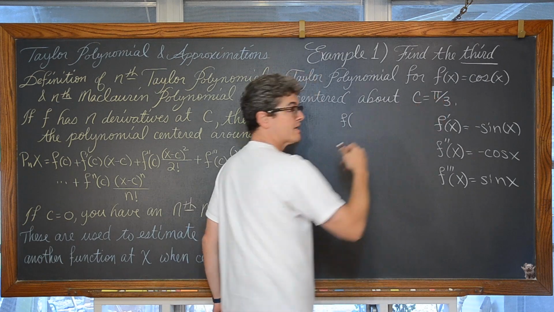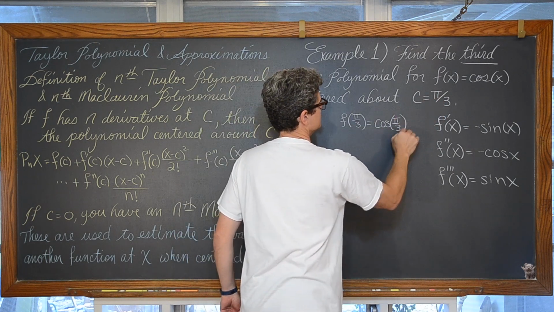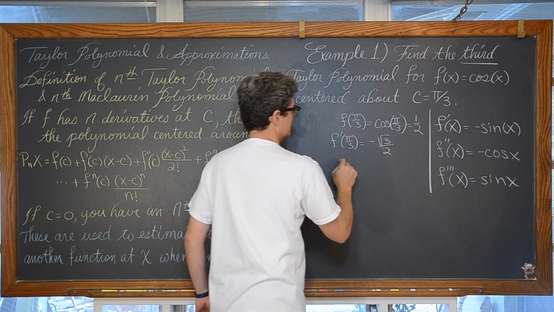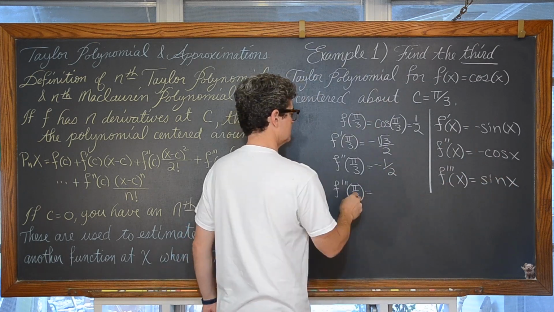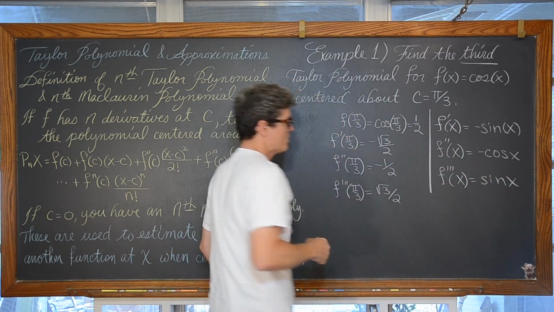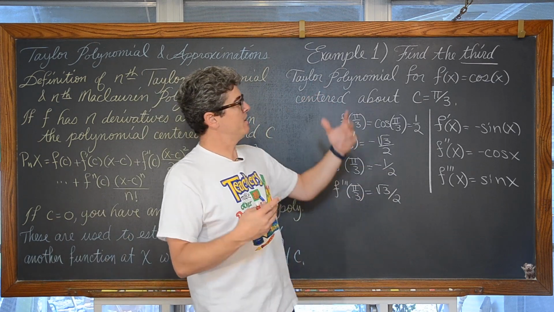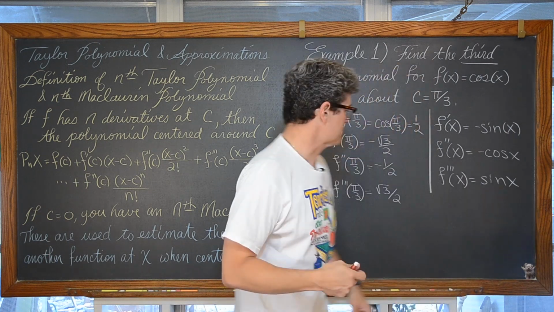And again, we're using that center value of pi over 3. Okay, so since we're just going to the third degree Taylor polynomial, we're just going to start plugging in these values and write this out.